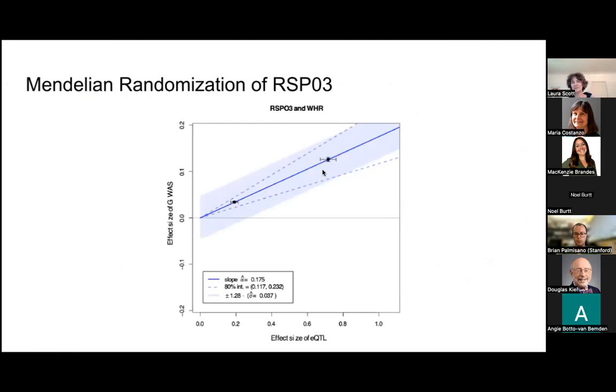This is the picture of the Mendelian randomization, which is basically just looking at the effect size of the GWAS on one axis and the effect size of the QTL on the other, and asking if they're concordant with each other, so that you have an assessment of whether you actually believe that the direction you're seeing is relevant.